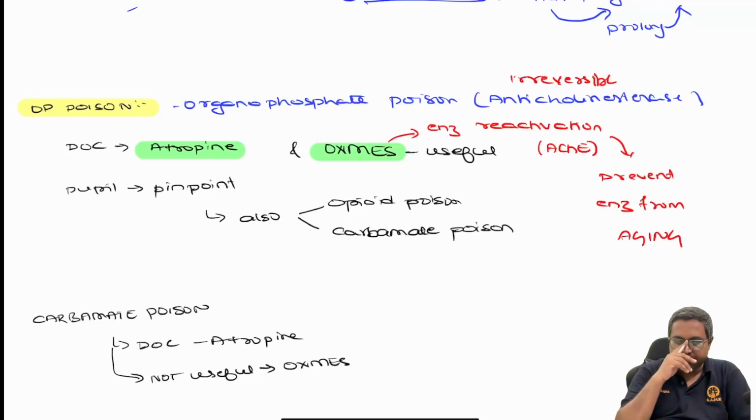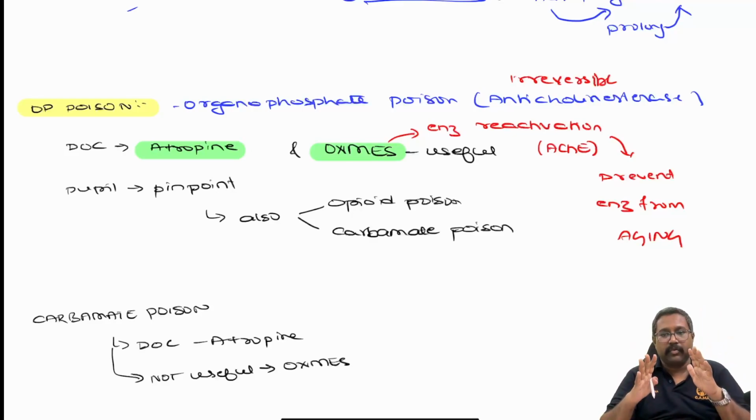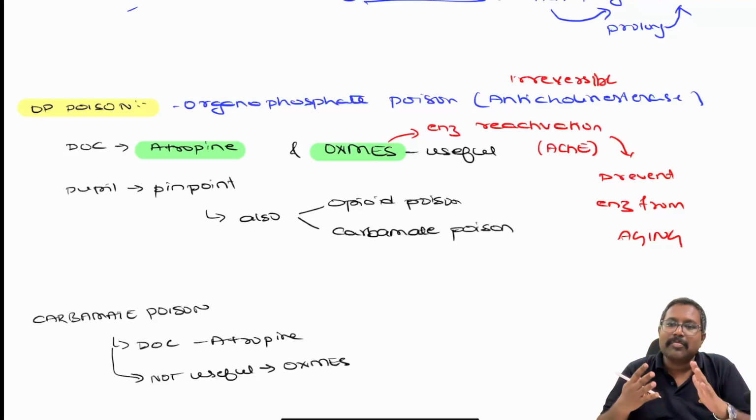Is that clear? Okay. So the drug of choice will be atropine, and the drug which is used for enzyme reactivation, thereby preventing the aging of the enzymes, is the oxime, that is pralidoxime, obidoxime, etc.